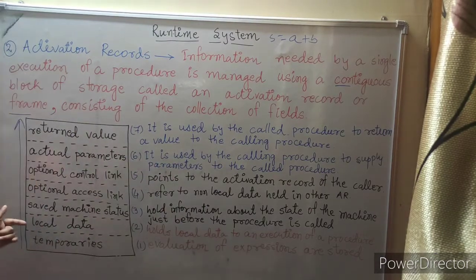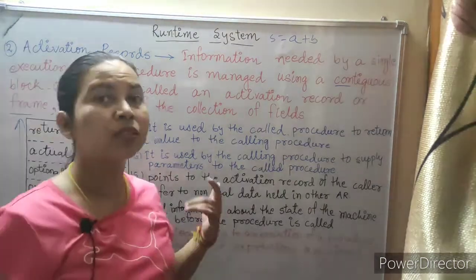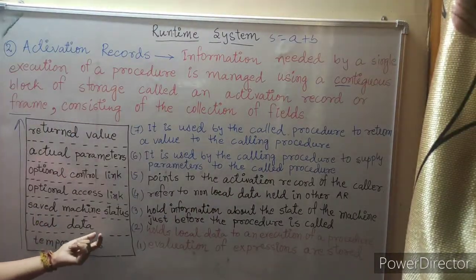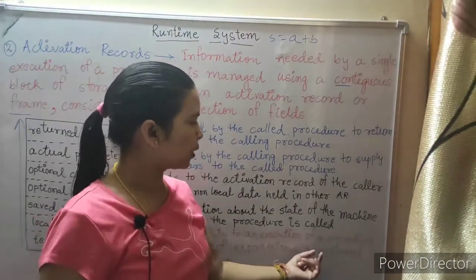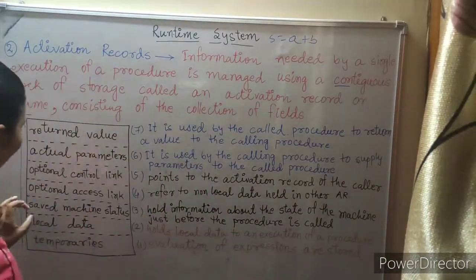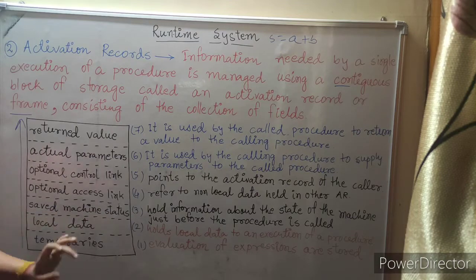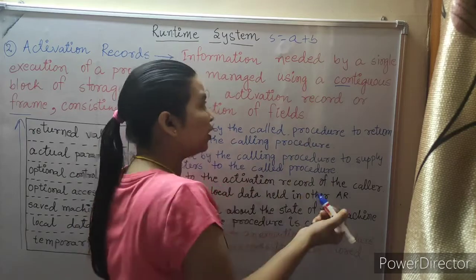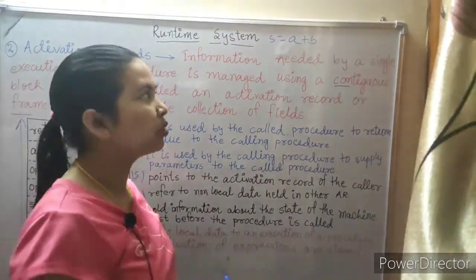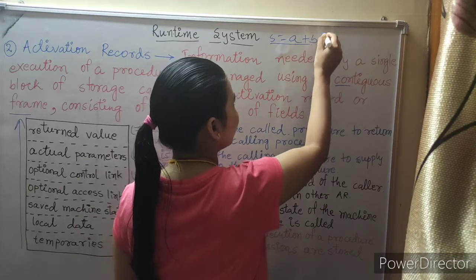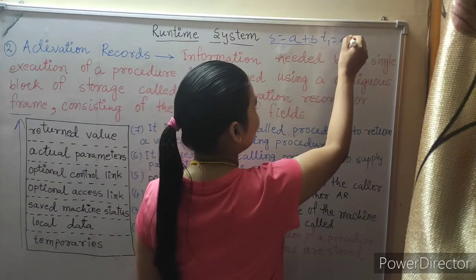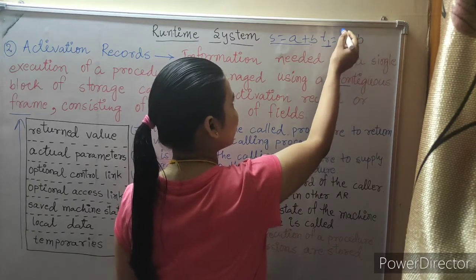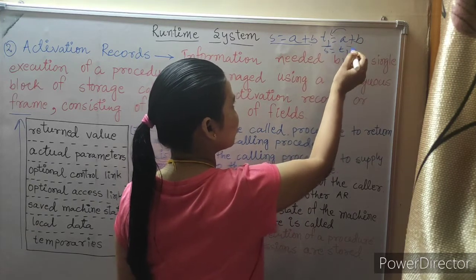Temporaries values: in the 3 address code we needed temporary values. Now, local data holds the local data for an execution of a procedure, that means temporary variables. For example, in s = a + b, whenever we convert to 3 address code, t1 = a + b, so a + b's value is stored in t1, then s = t1, so this one will be copied.